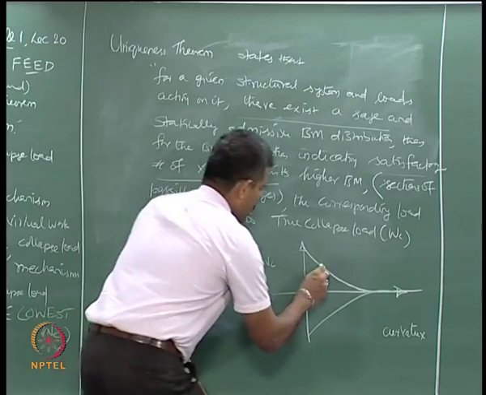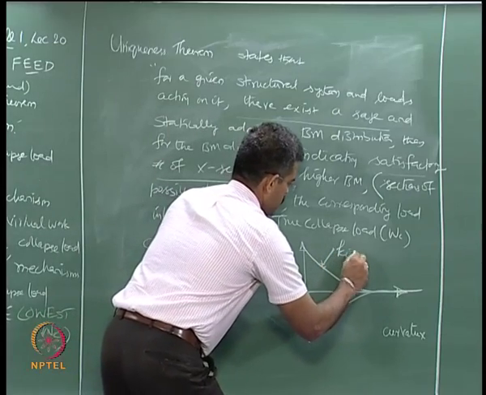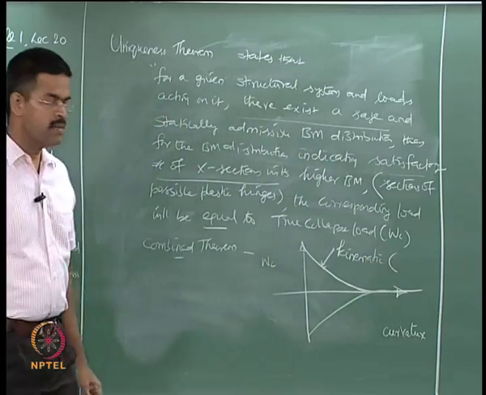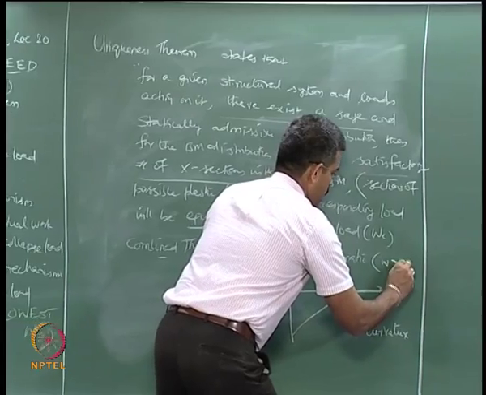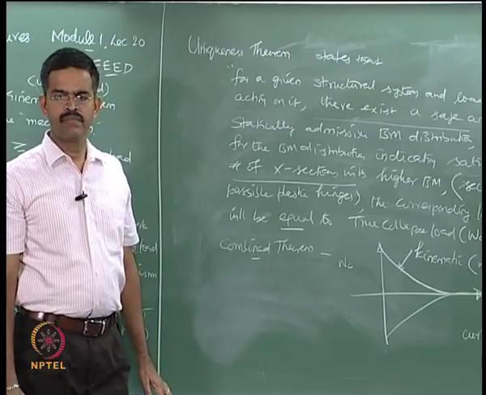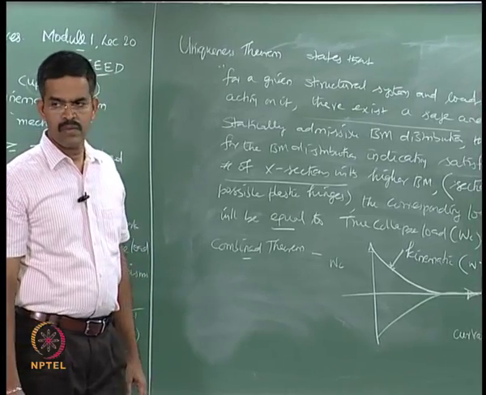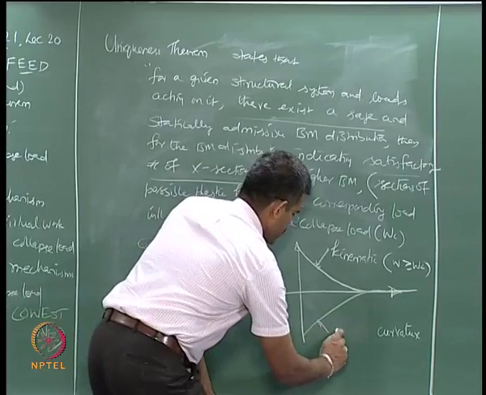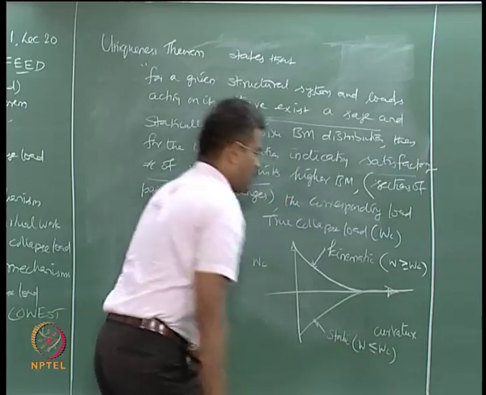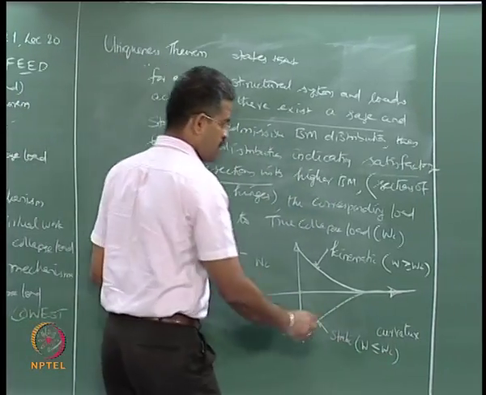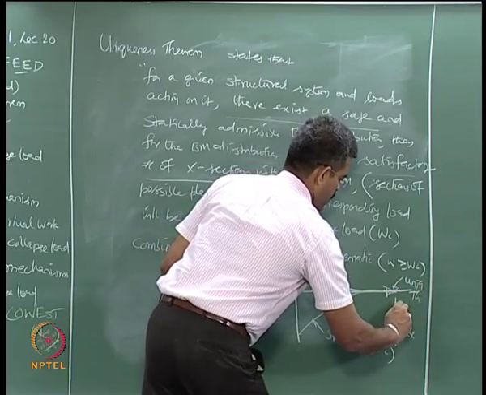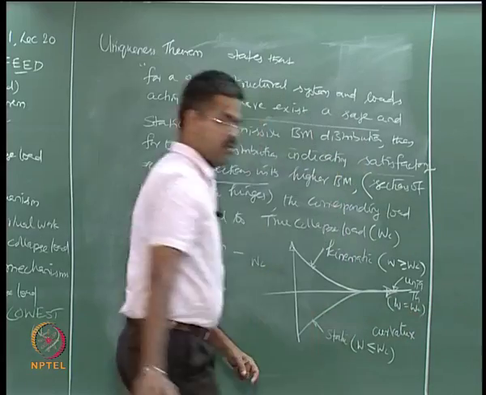So, this will be kinematic, because in this case W will be either greater than or equal to WC. And of course, this will be static. In this case W will be either less than or equal to WC, and the uniqueness theorem is this horizontal line, where W will be equal to WC. Is that clear?